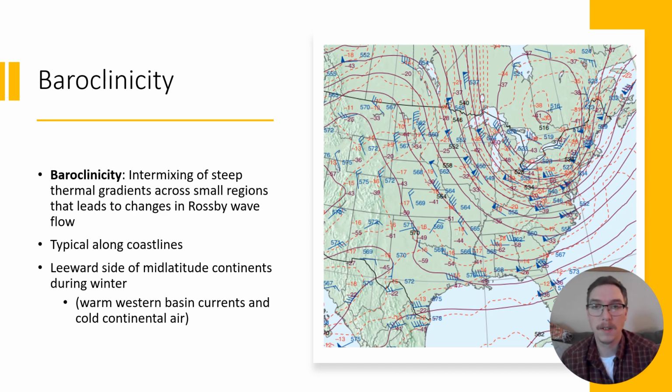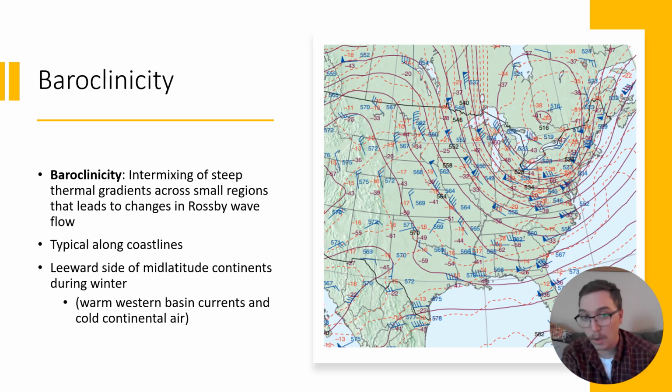Baroclinicity is another factor. So baroclinicity is just, by definition, intermixing of steep thermal gradients across small regions that leads to changes in Rossby wave flow. This is typical along coastlines.